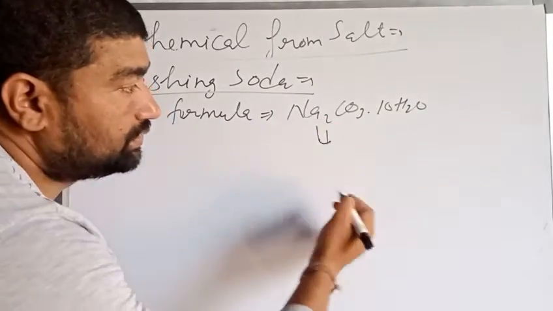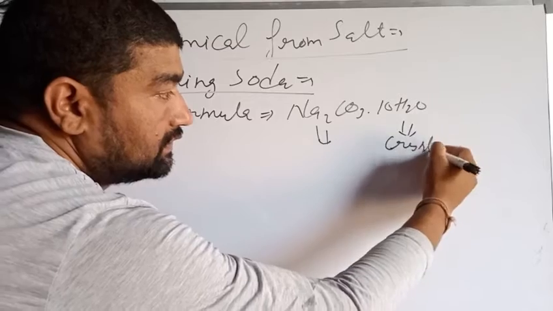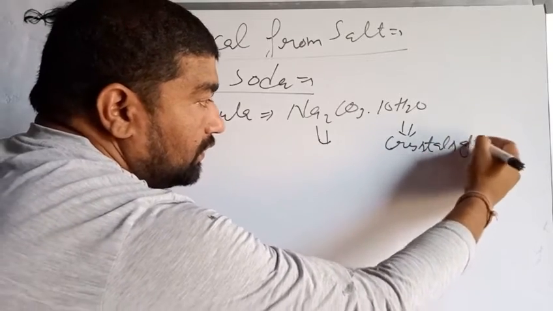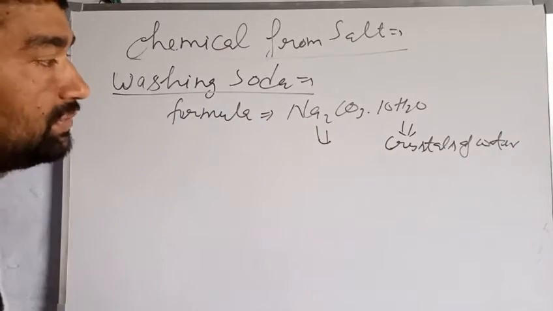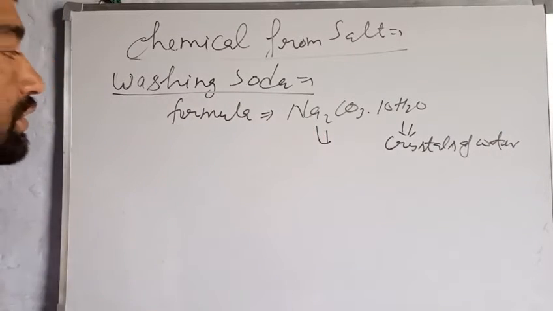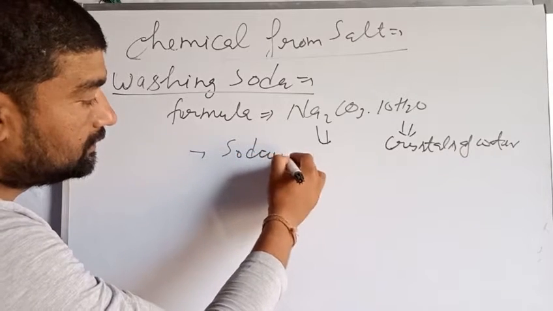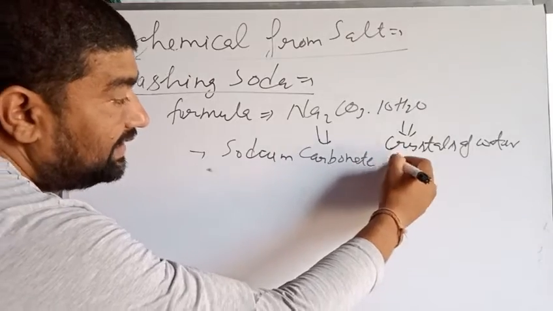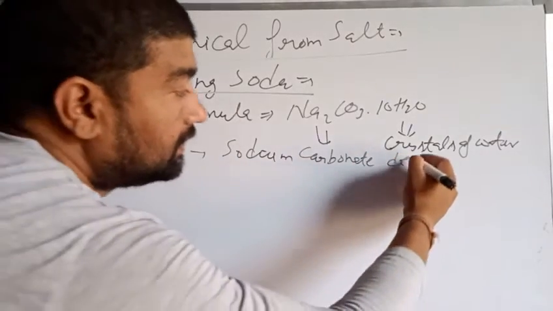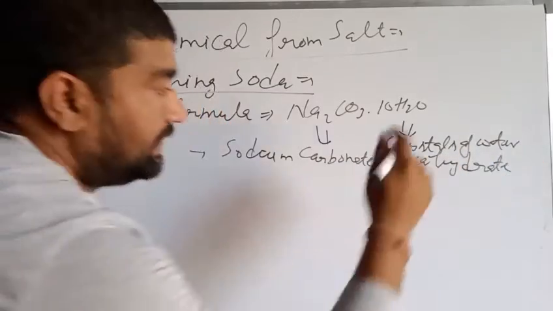One is Na2CO3, one is the crystals of water. Crystals of water, also known as water of crystallization, and sodium carbonate. So its name is sodium carbonate decahydrate.